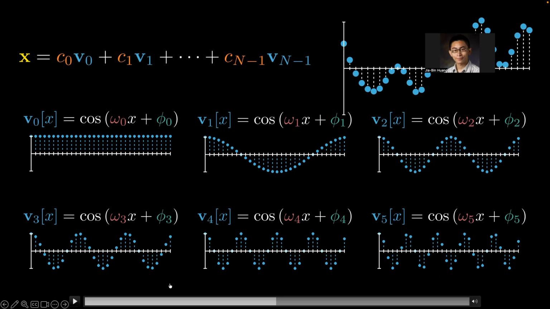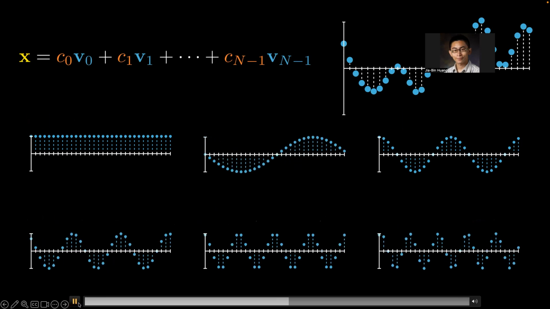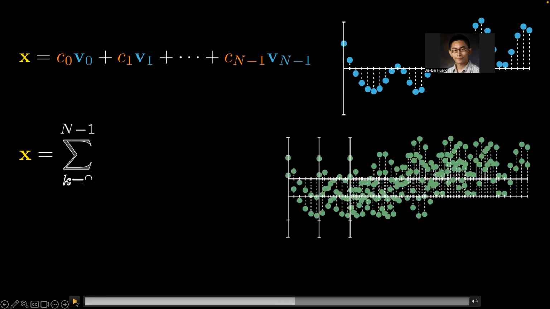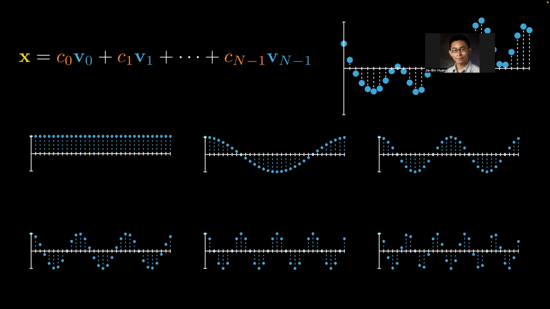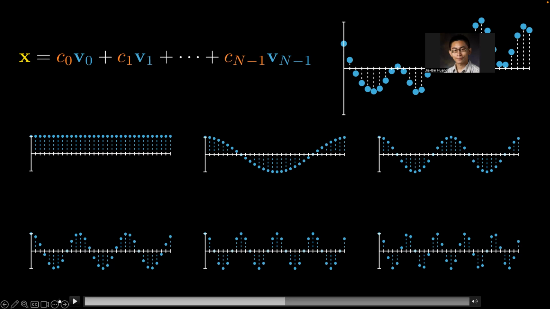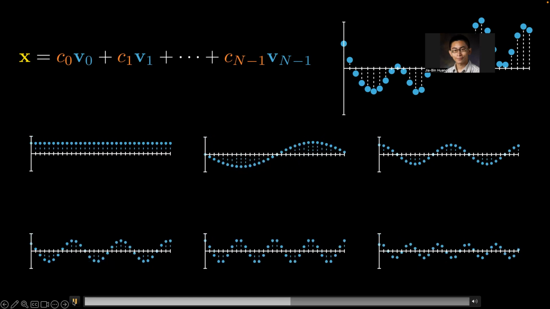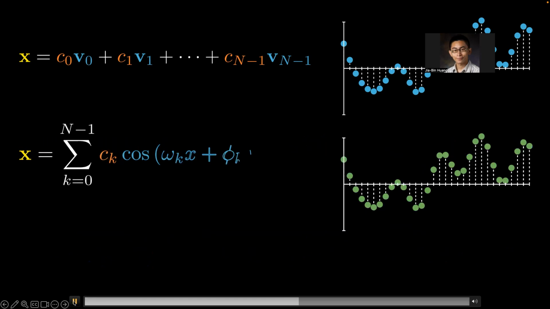So we have these bases, and by finding the correct scaling, how much coefficient and how much shift for each basis, you can combine them together.